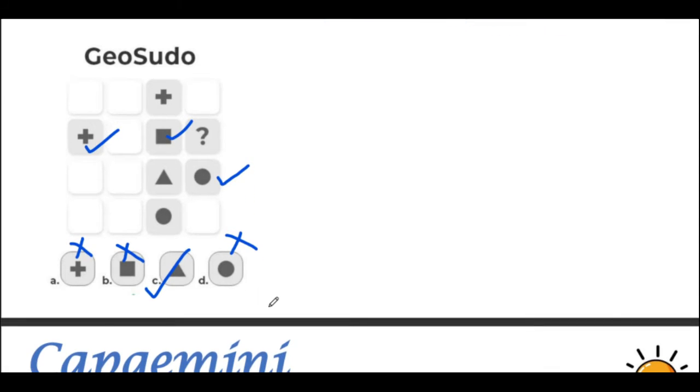This row contains square and plus, which means plus and square cannot be the options. So option C, triangle, is the correct option, which means the triangle will come here.